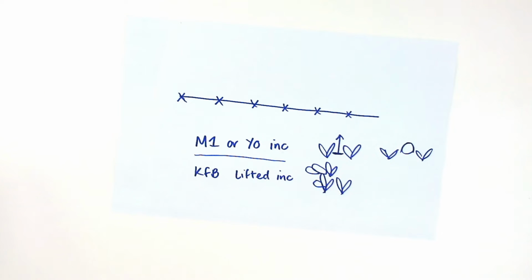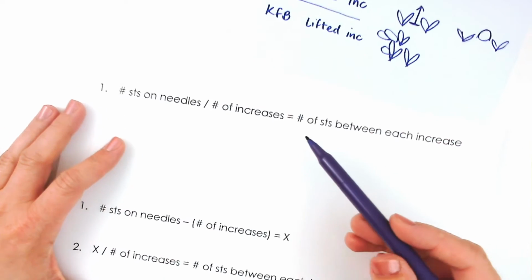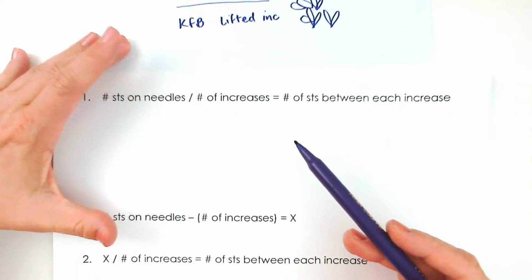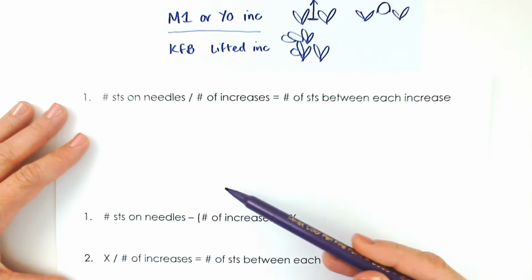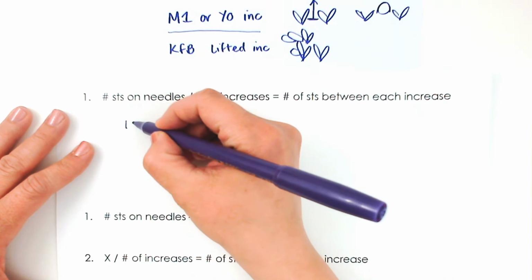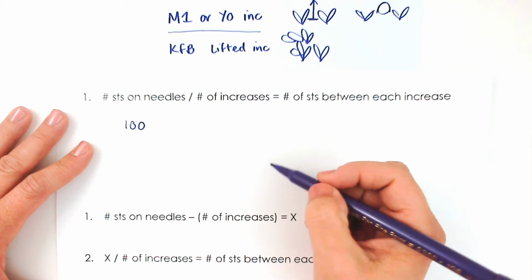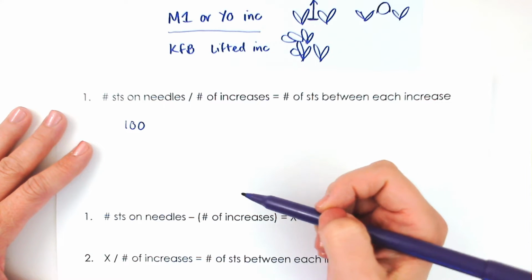So let's get started. Our first equation is more relevant to the make one or yarn over increase, and we'll start with a simple example. We have 100 stitches on our needles, and our pattern is asking us to increase 10 stitches.